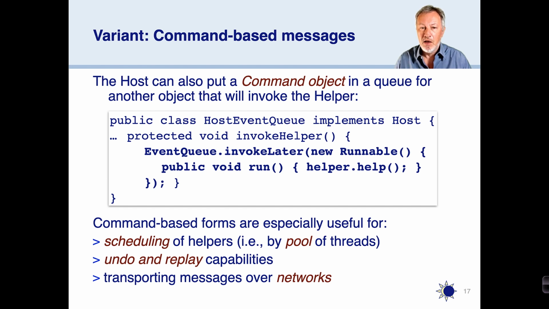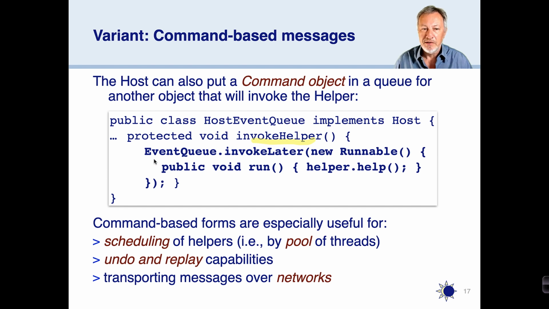So the host, at the point where the helper should be invoked, instead of directly invoking the helper, creates a new object, which is a runnable object. Here we have the invoke helper method.